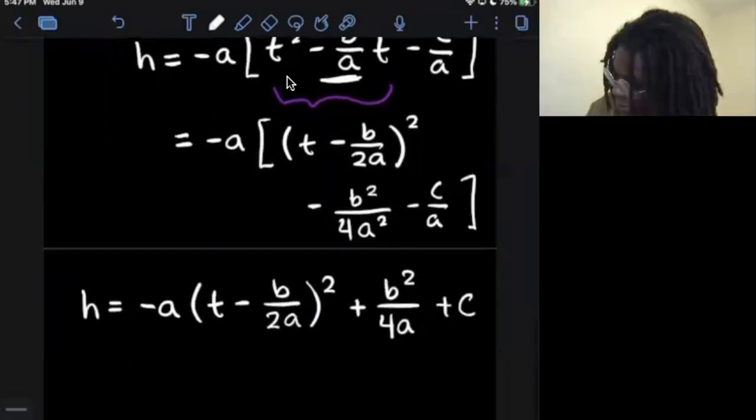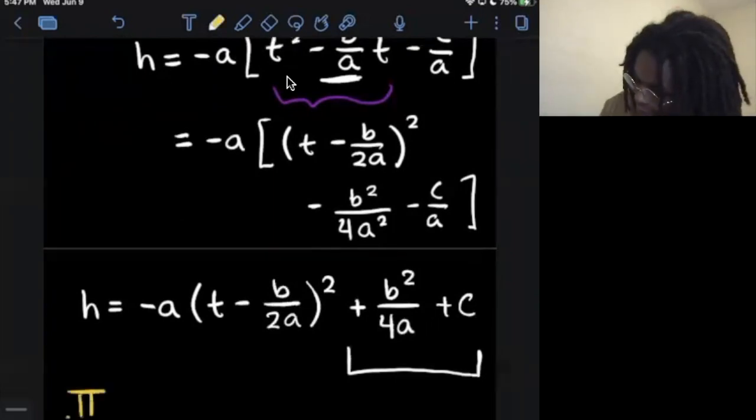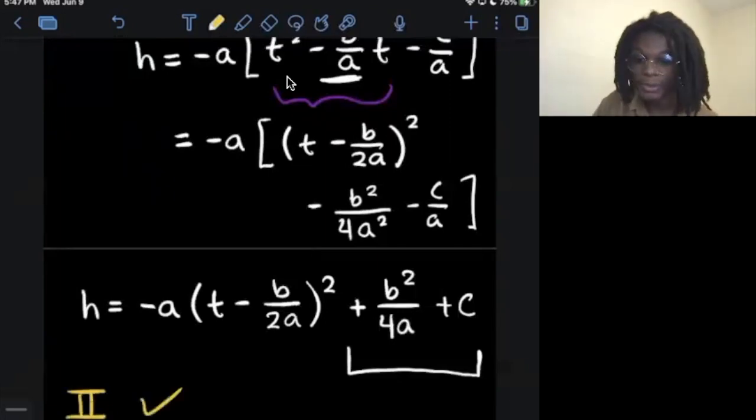And as we said before, this piece right here is going to give us the maximum value of h. So as we can see, if we change c, we are changing the maximum value of h. So I'll go ahead and put a check mark by 2 as well.